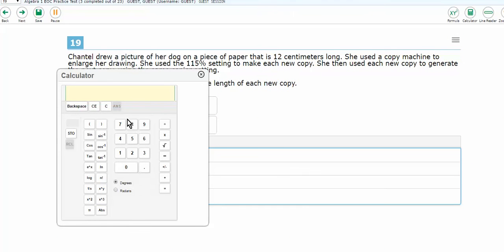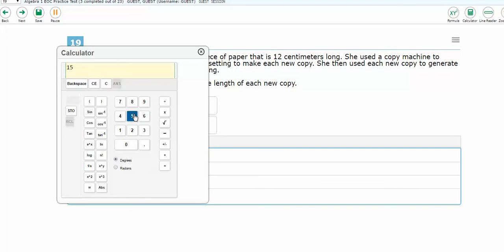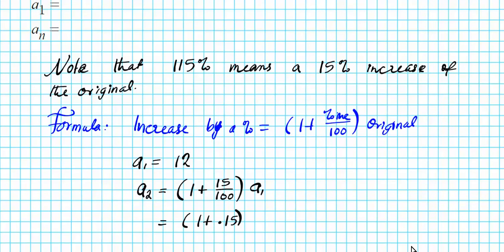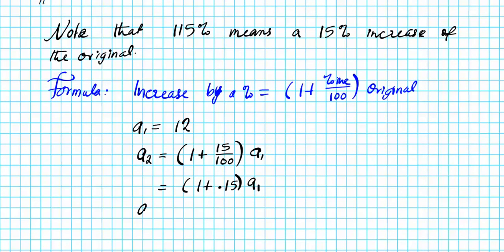You can verify that with your calculator: 15 divided by 100 is just moving the decimal point 2 places to the left. So 0.15 is 15% in decimal format, times A1. Keep on going. So A2 is basically 1.15 multiplied by A1.